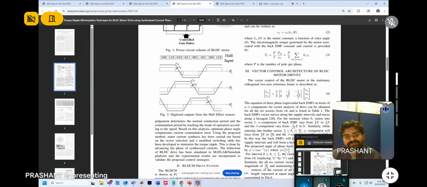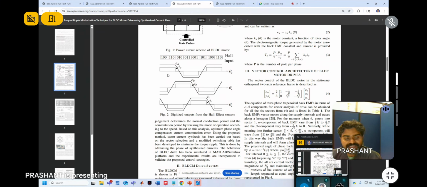The inductor will take some time to dissipate the stored energy, and again it will take some time to charge the inductor. So practically it is not possible to make this current zero.